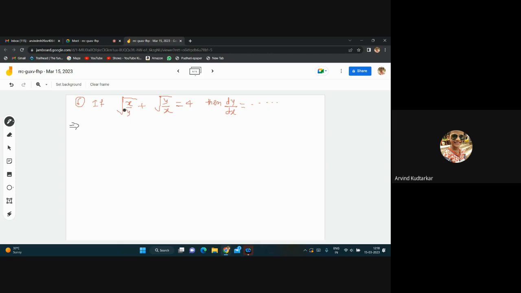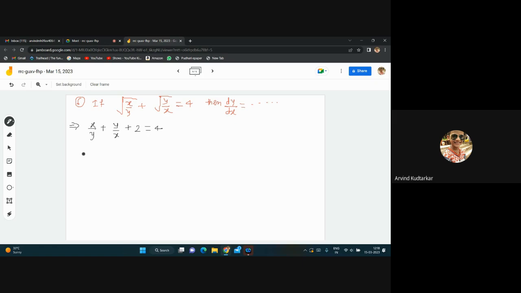Root x by y whole square is x by y, plus root of y by x whole square is y by x, plus twice the product of the first and second, so there will be 2 only, that is equal to 4. It means we have got the equation which is free from root, so the equation is in rational form.